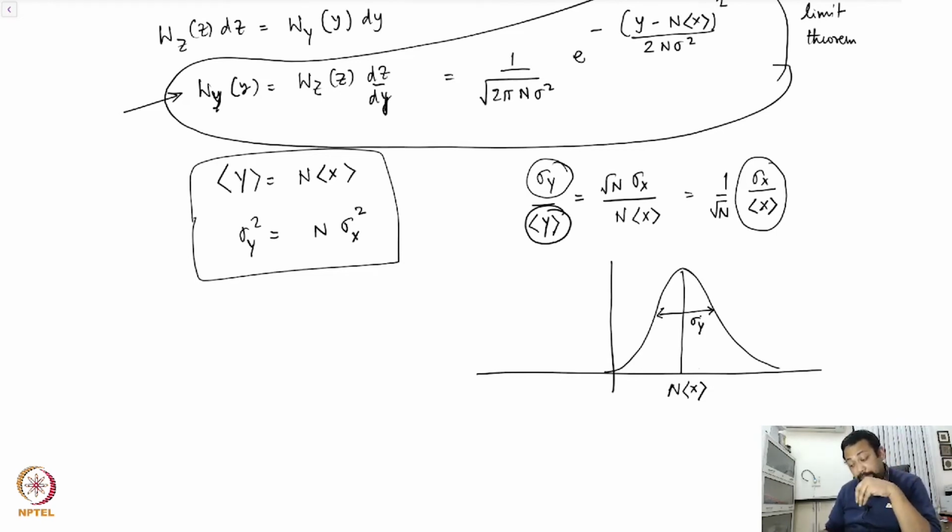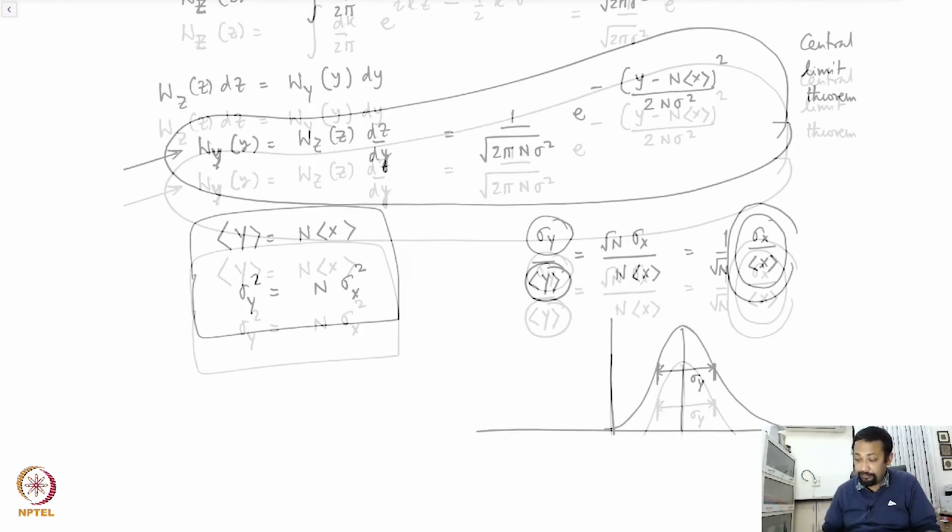So if n is large enough, then this ratio decays as 1 by square root n. So the average also increases, but the sharpness of this, which is essentially the spread of this curve, also decreases. So this curve becomes more and more sharper, right? So this is the consequence of the central limit theorem.